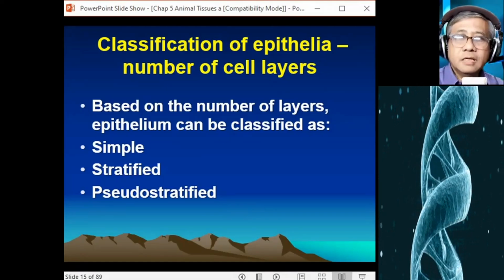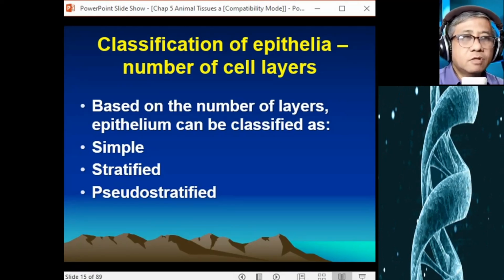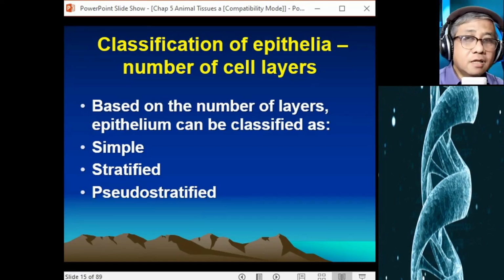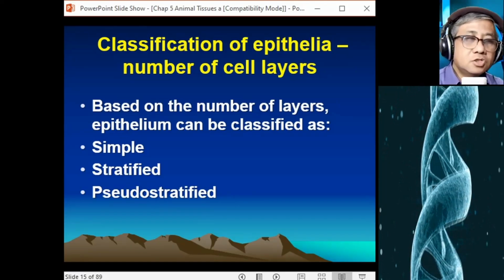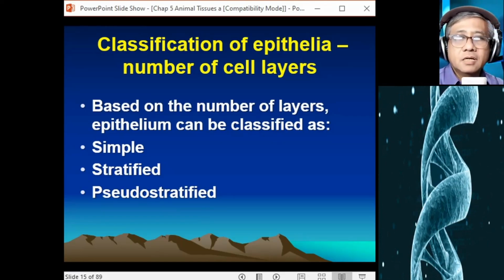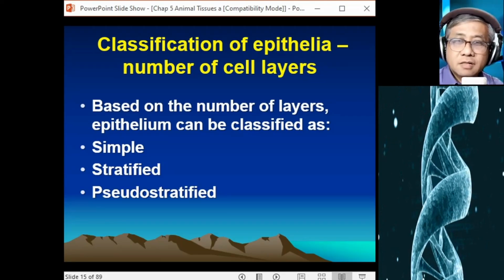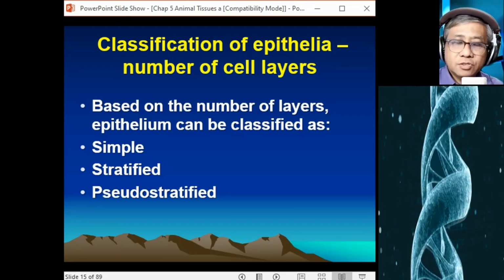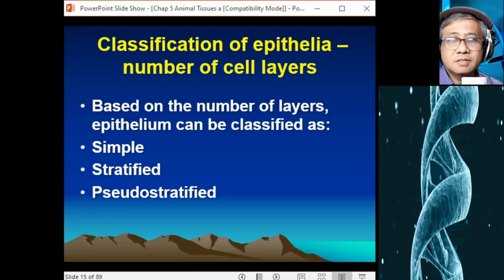So again, simple meaning that the epithelial tissue is made up of only a single layer of cells. Stratified meaning that the epithelial tissue is made up of several layers of cells. Alright, and for pseudostratified, I'll try to explain this later kasi medyo ano siya, no? Iba yung orientation ng mga cells.